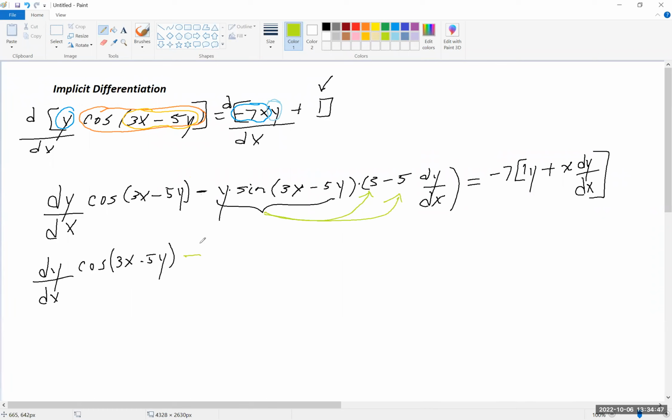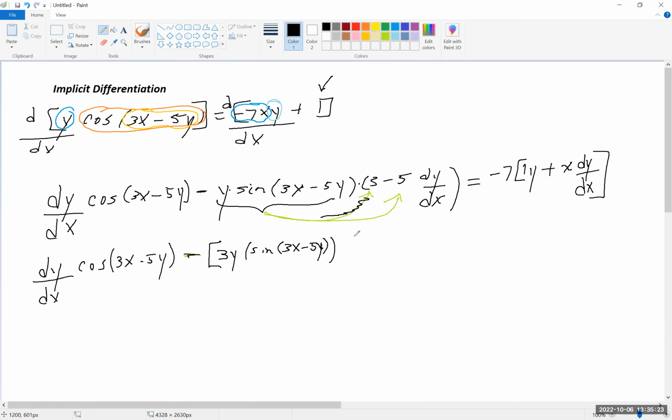So it's just that minus sign, and it's going to be 3y sine of 3x minus 5y, and that takes care of the first one.